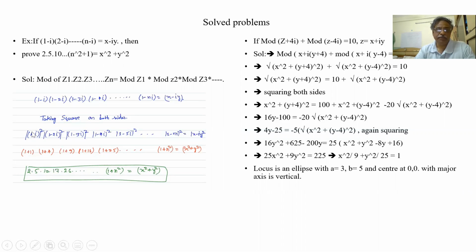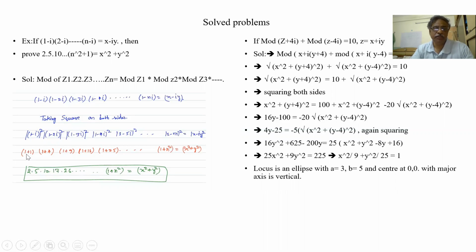So then what is happening? What is the mod of this? 1 plus 1, this is 1 plus 4, this is 1 plus 9, 1 plus 4 square, because a square plus b square is the mod. So this is nothing but 2 into 5 into 10 up to n square plus 1.